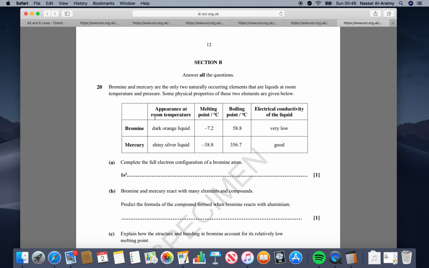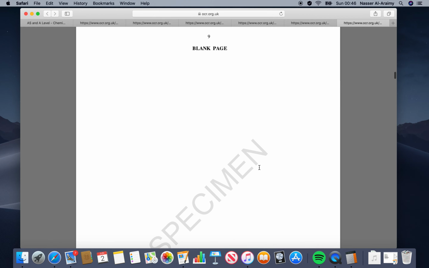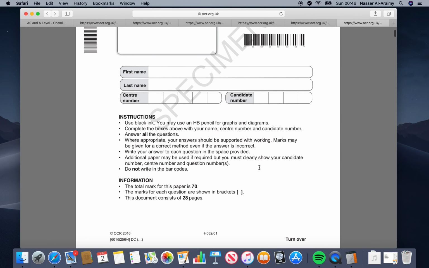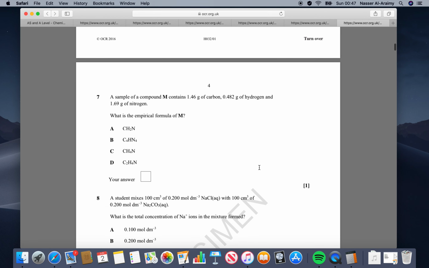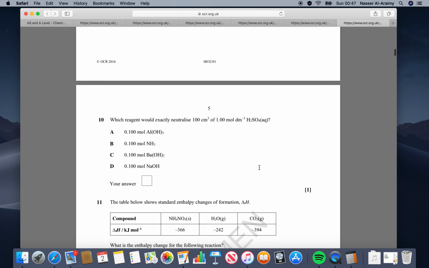Full electron configuration. Look, that came up again. And that's a 1 mark question, but I'm sure we might have got even another one earlier. Was there another one?